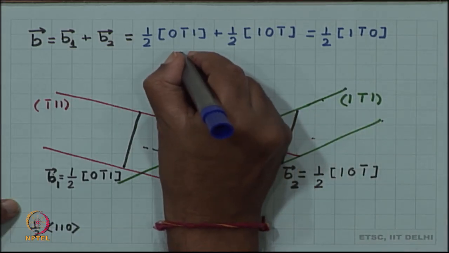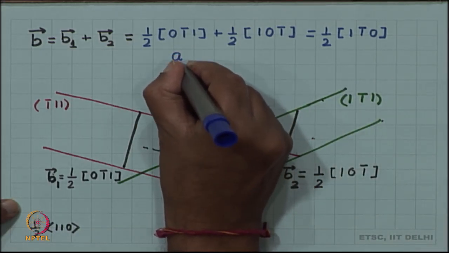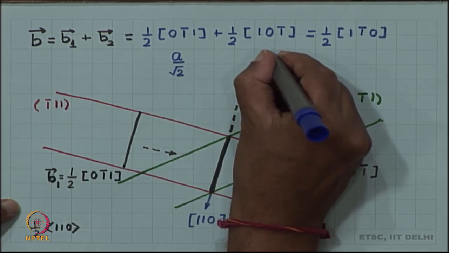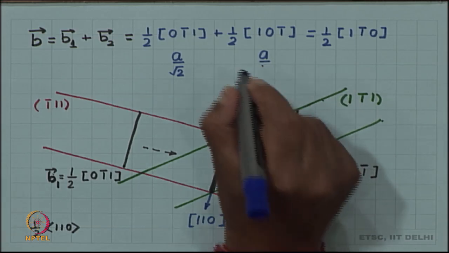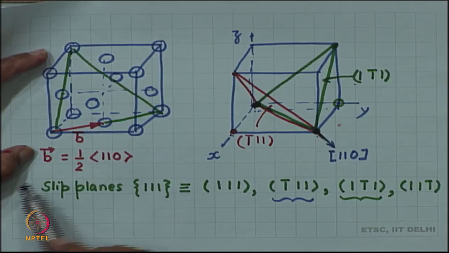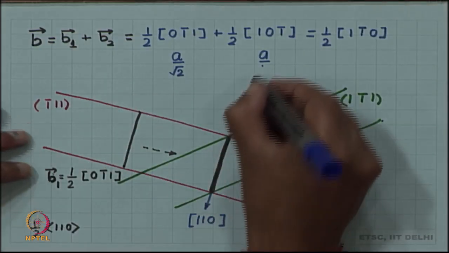Their length is a by root 2, because they are equal to half the face diagonal. Recall that the Burgers vector length is a by root 2, half the face diagonal.